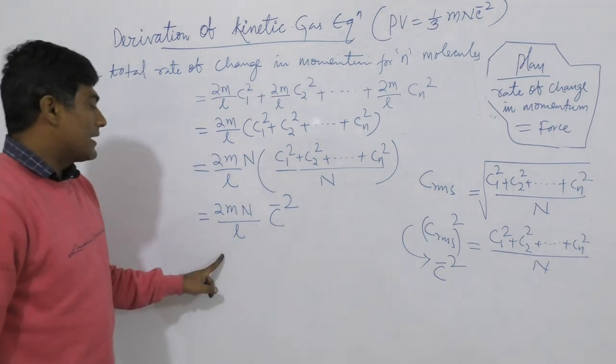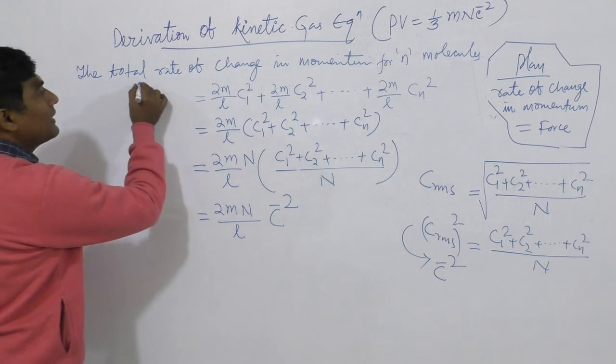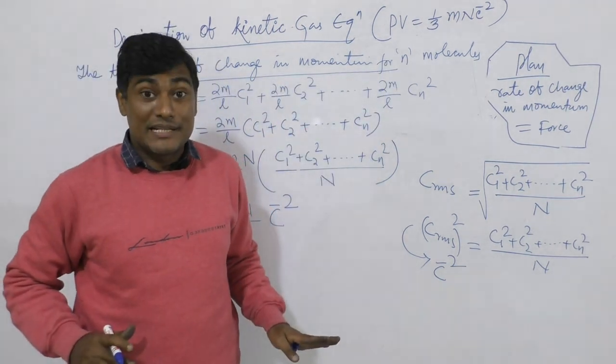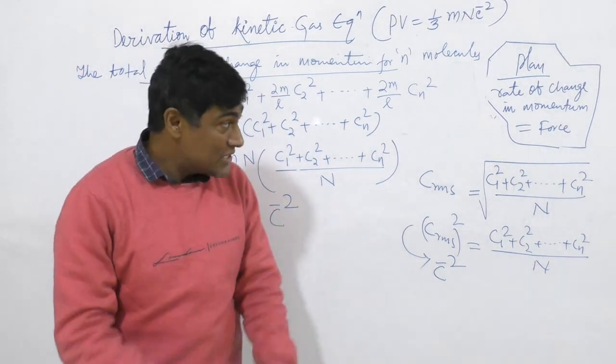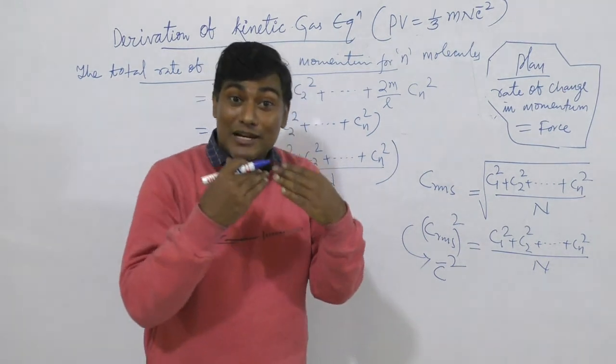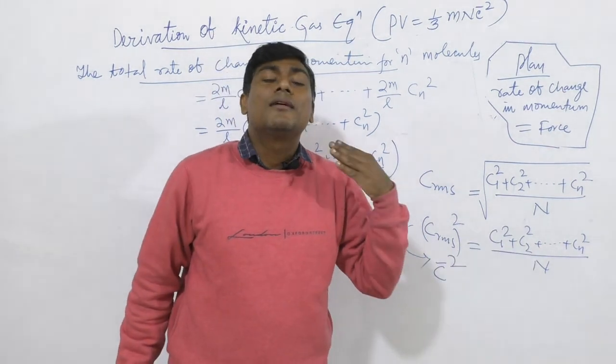So this is the rate of change in momentum for all the n molecules present inside that cubic box, and rate of change in momentum is equal to force. From that force we will move toward the pressure.